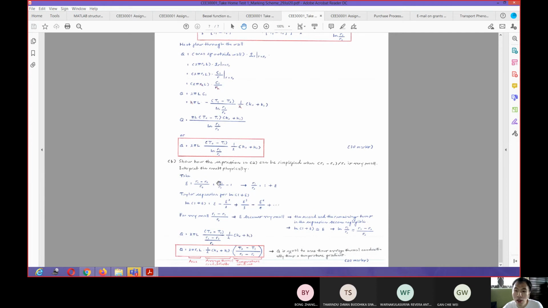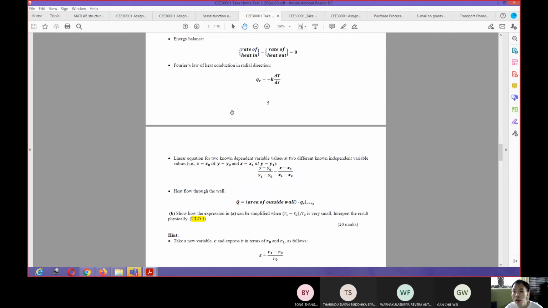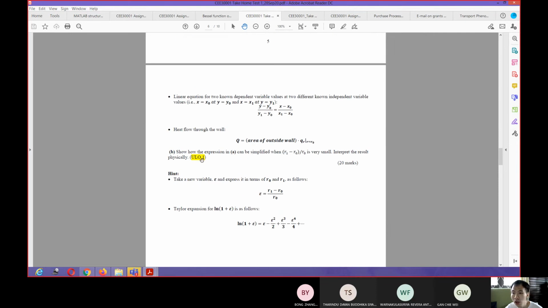And then in the final part, I want you to show me how the expression in A can be simplified when R1 minus R naught divided by R naught is very small. Interpret the result physically. So some of you are correct until here, but then I ask you again that you need to basically interpret the result physically.